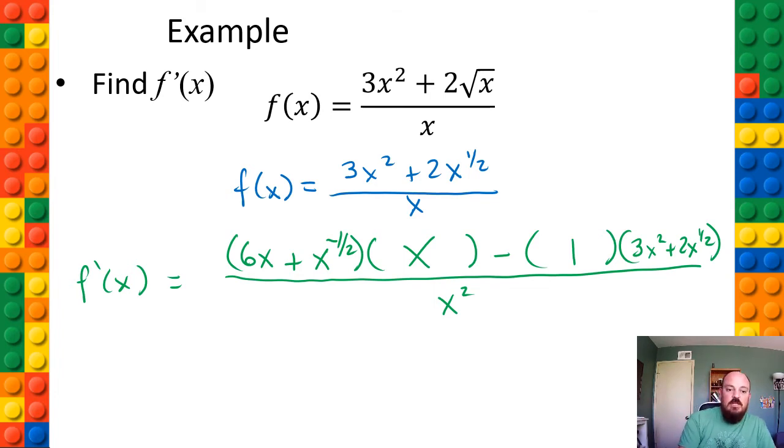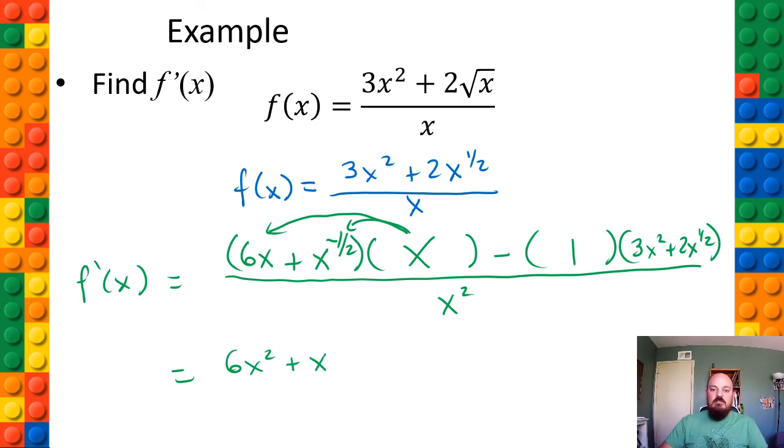Now let's distribute again. If I distribute this x here and here, I get 6x squared plus x to the, now this is going to be back to the positive 1/2 again. Because remember, when you're multiplying x's, you're adding the exponents. So that's an x to the first power.